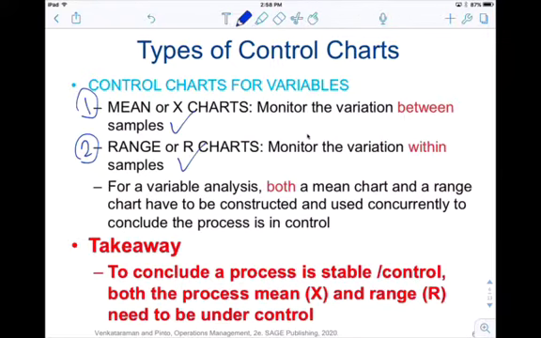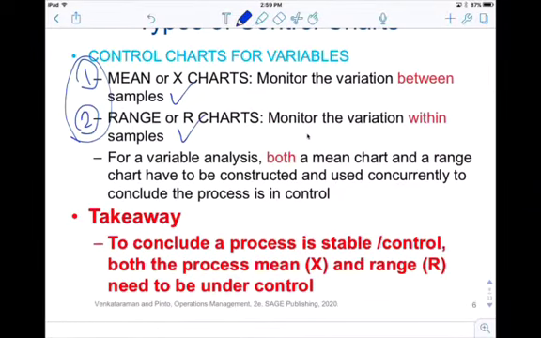And in a minute, I'm going to define what statistical process control really means, okay? But you have to draw both of them to be able to conclude that either your operation is under statistical process control or is not really under statistical process control, okay? This is very important. You have to construct both of them.